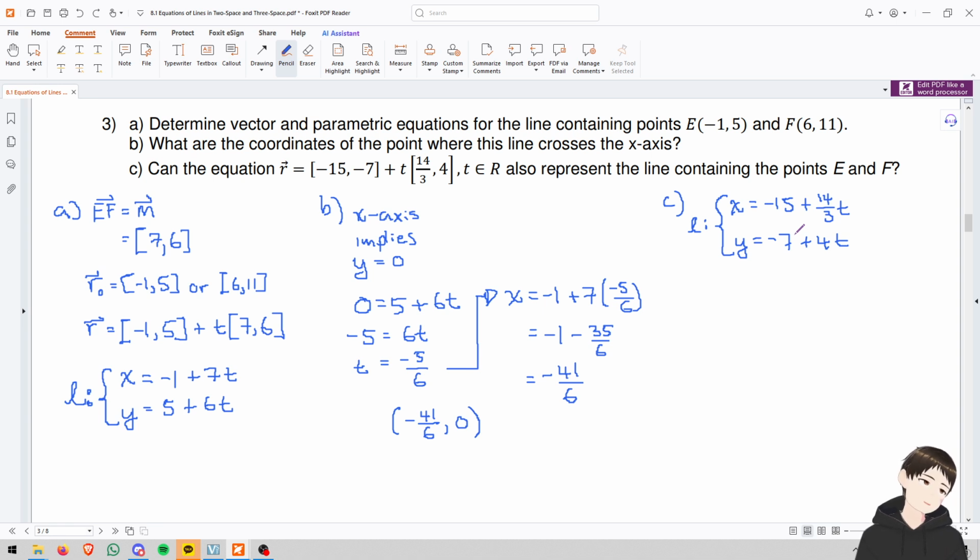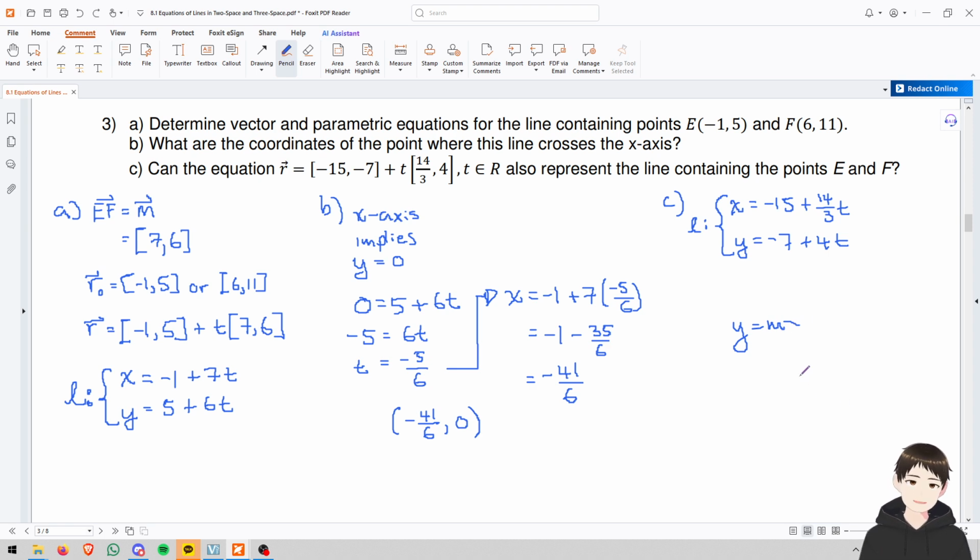Another way you could try is by first checking to see if it's even the same direction. The first thing you want to do if you want to see if the lines are the same is check if they have the same slope, right?